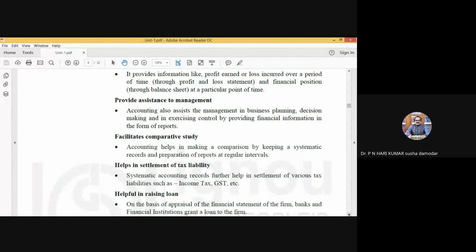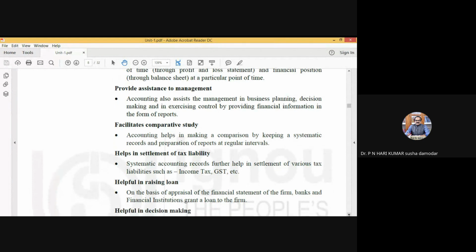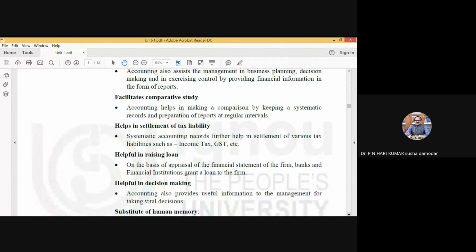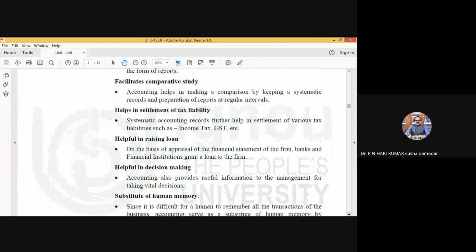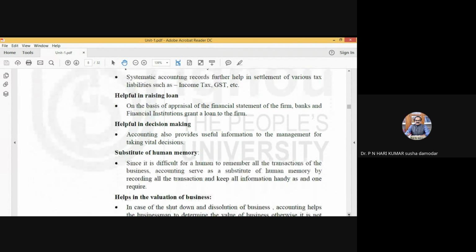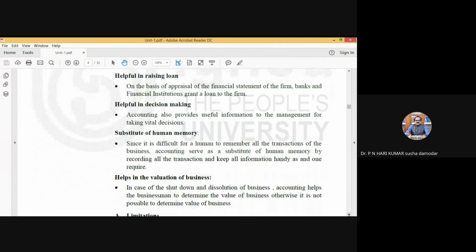Helpful in raising loan. Suppose an organization raises a loan from a financial institution, definitely such organization has to prepare and submit the financial records to the banks. So helpful in raising loan, helpful in decision making, and substitute of human memory.